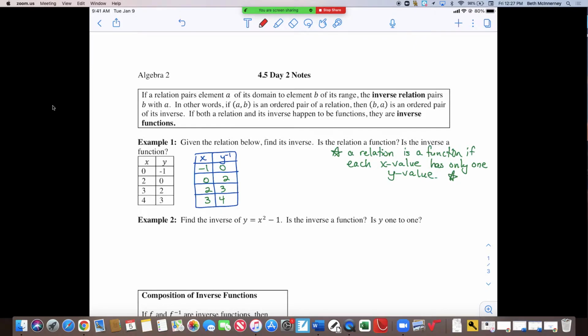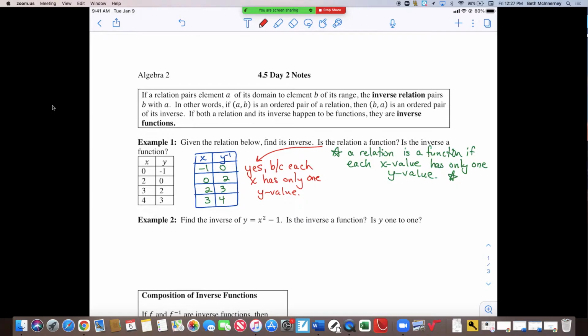Okay, so now the answer to our first question, is the relation a function? Yes, because each x has only one y value. So 0 only had one output, 2 has one output, 3 has one output, and 4 had one output.